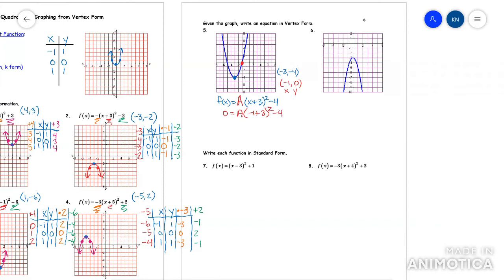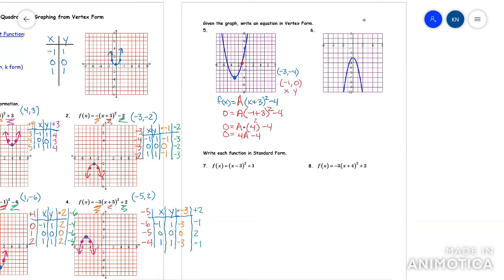All right, now just do a little bit of algebra and solve this for the letter A. So -1 plus 3 is 2, and then that's going to get squared. So this is going to look like 0 equals A times that 2 squared was 4 minus 4. So really you could rewrite this as 0 equals 4A minus 4.